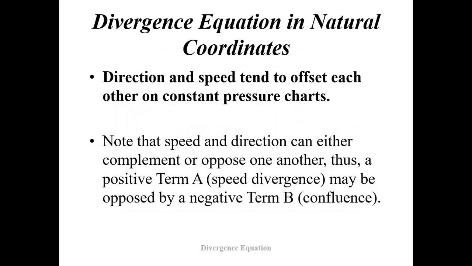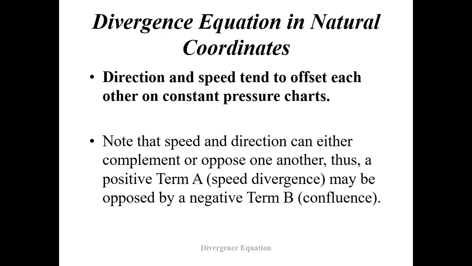Okay? So there are cases now that I need to really go over. There are actually cases in which the direction and the wind speed tend to offset each other on constant pressure charts. In general, the wind speed and wind direction can either complement or oppose one another.